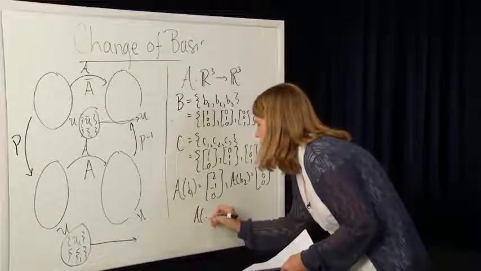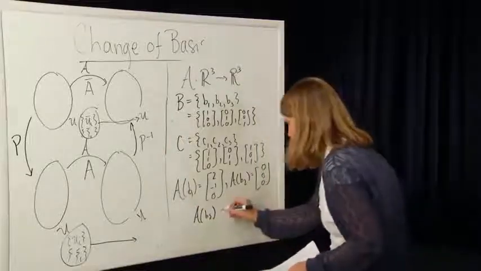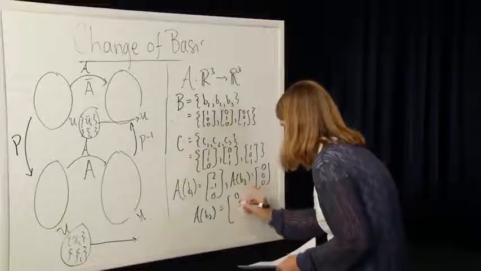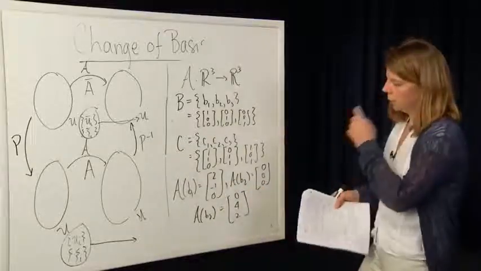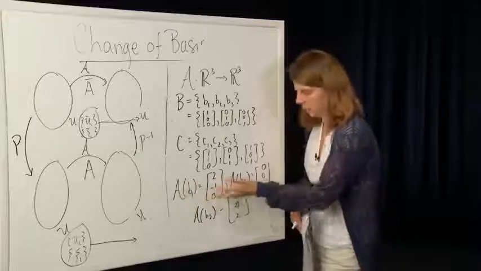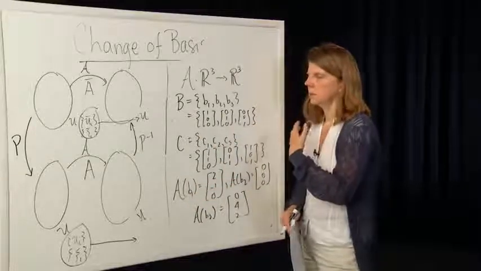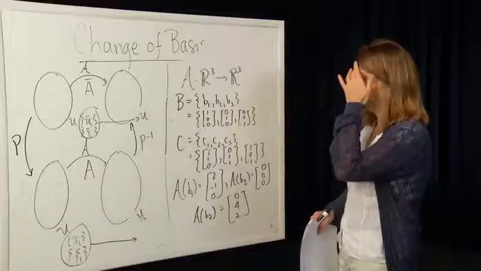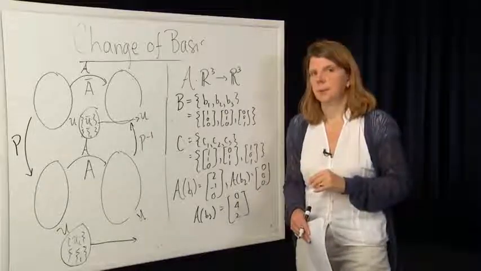And A maps B3, so again, this is the linear map notation, to 0, 4, 2. So you have information on how the linear map operates on the basis vectors B. And so the question is, write down the matrix representation of the map A.